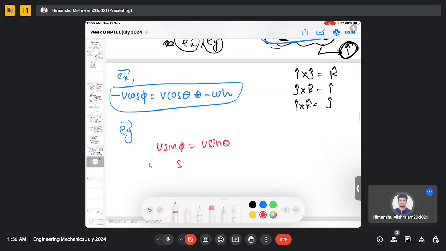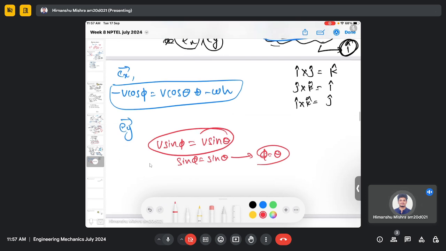So you can see that sin phi equals sin theta, which will give you phi equals theta. So as your theta is increasing or changing, phi is also changing in a similar manner. So both are equal angles. So this we got from the y component equation.